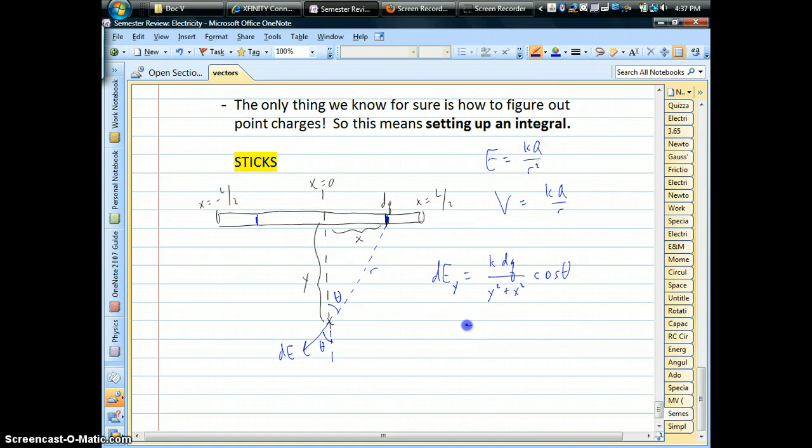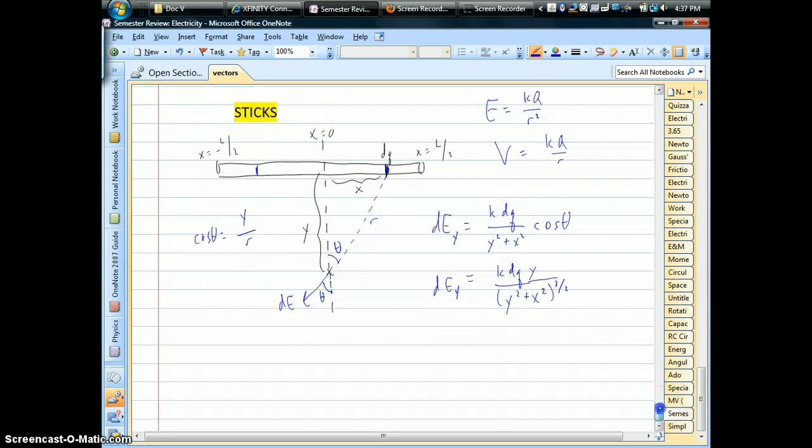From our picture, cosine is going to be y over r. So I'm going to plug in y over the square root of x squared plus y squared, and so in our denominator we'll have that quantity to the 3/2 power.